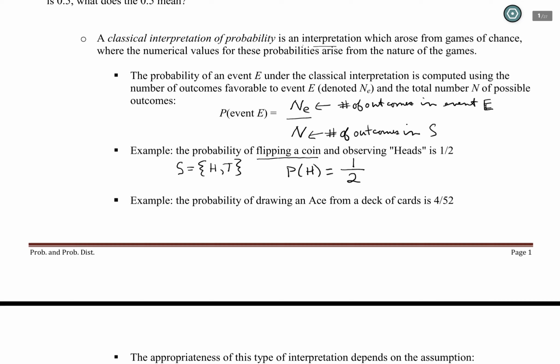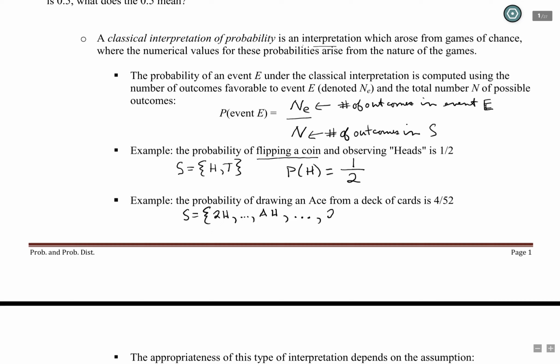Another example here, the probability of drawing an ace from a deck of cards is 4 out of 52. What are we getting at here? What's the sample space for drawing a card out of a deck of cards? So the experiment is to actually draw a card. The sample space would be, so you'd have your 2 of hearts, 3 of hearts, and so forth up to the ace of hearts. Then you'd have your diamonds, then your clubs. I'm not going to write all that out here.